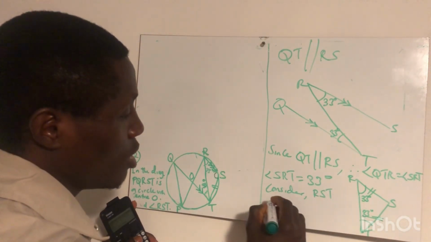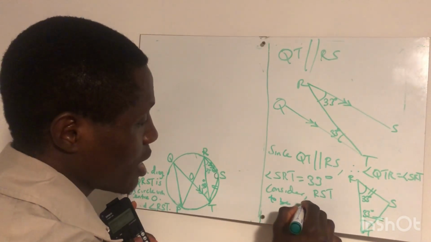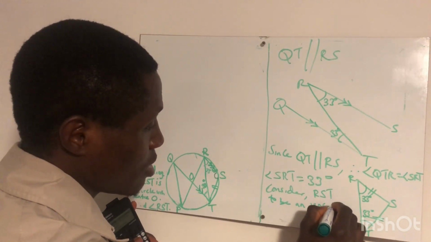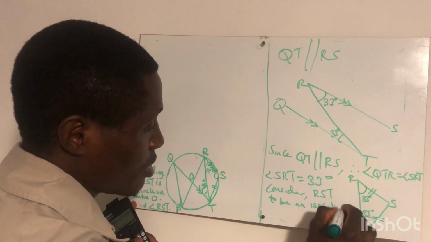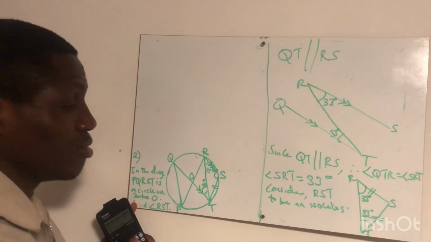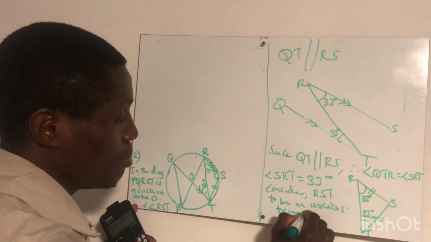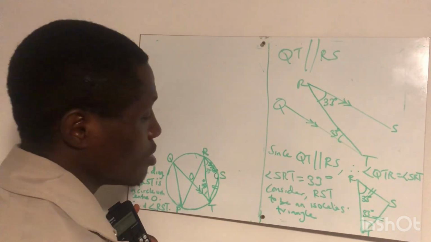Consider RST to be an isosceles triangle. It's a type of triangle whereby the two base angles are equal.